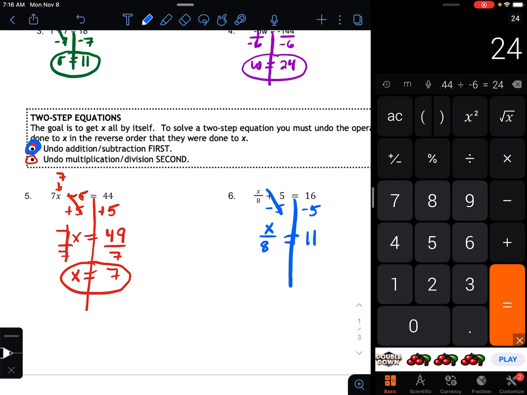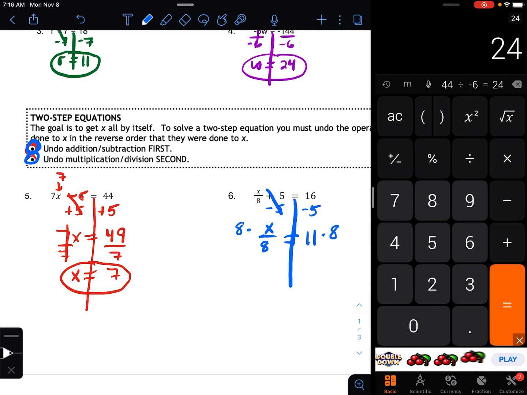So something divided by 8 is 11. Do you know what that is? You might have the solution already, but let's go through showing our work, undoing steps. So undo any multiplication or division second. So this is a dividing by 8, so the opposite would be to multiply by 8. Remember what we said a few minutes ago up top there.